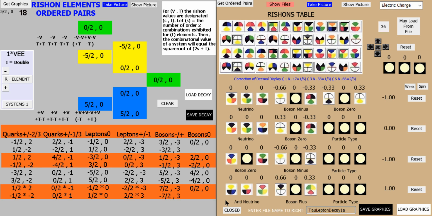So on the anti-tau neutrino, we will have a total electric charge of 0, as is indicated by the standard model. So now, let's take a look at the spin.